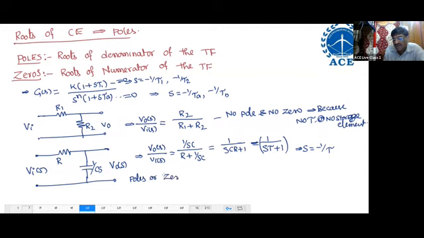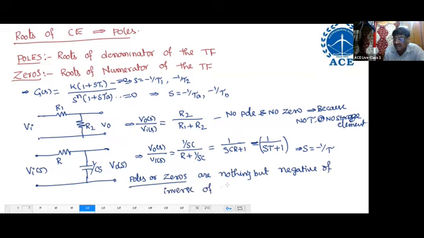Poles or zeros are nothing but the negative of the inverse of the system time constants only.